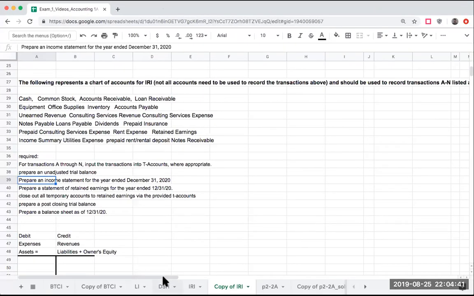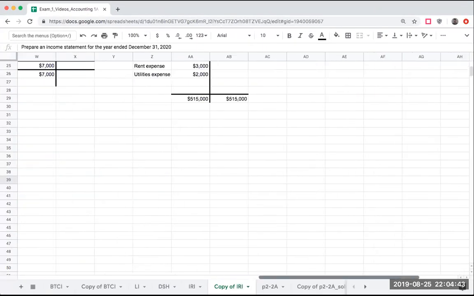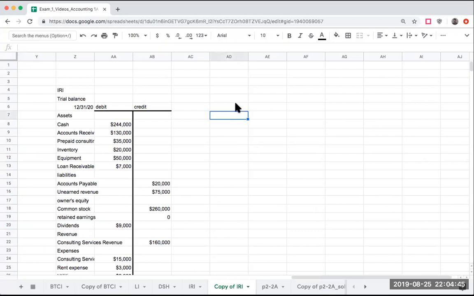So over here, I'm going to do an income statement for the year ended December 31st, 2020. How do I do a single step income statement? What am I showing on an income statement?